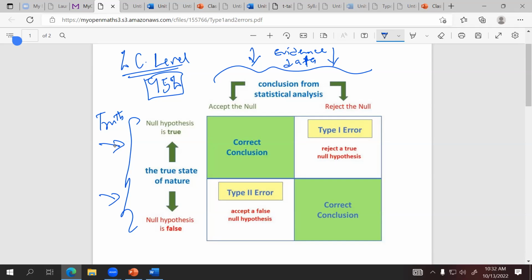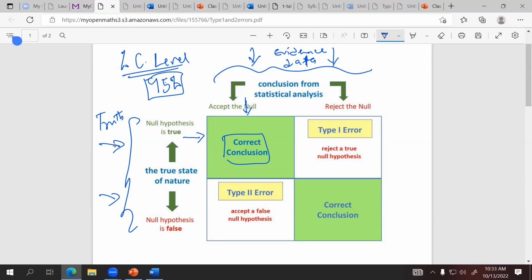So if, for example, somebody collects data about a situation that is actually true, and after analyzing that data, the data provide evidence supporting that that situation is true, then the right thing has happened. That is a correct decision. There's no problem about that. Okay.